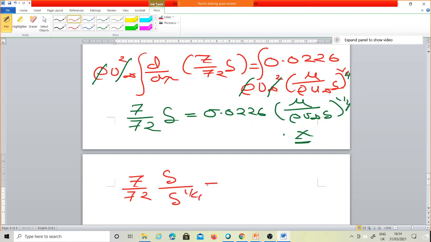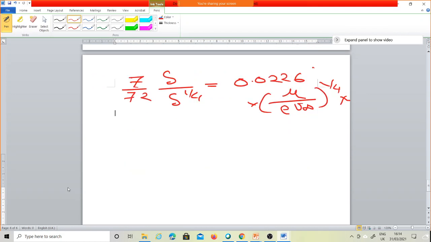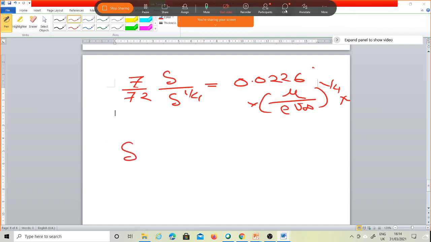And on the other hand we have the 0.0226, whatever extra thing, mu by rho u infinity, delta is already taken into account, and then we have the x.